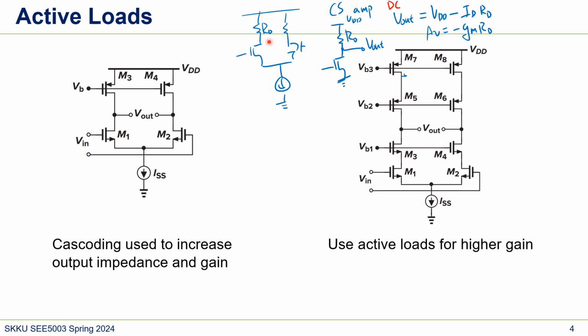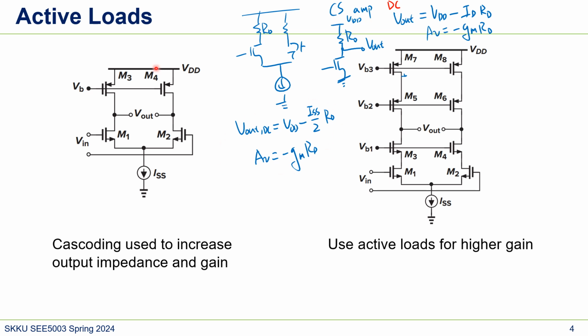We also have to care about this Vout DC voltage. Vout DC is VDD minus ISS over 2 times RD, and the gain is also gm RD. So we don't have any freedom.